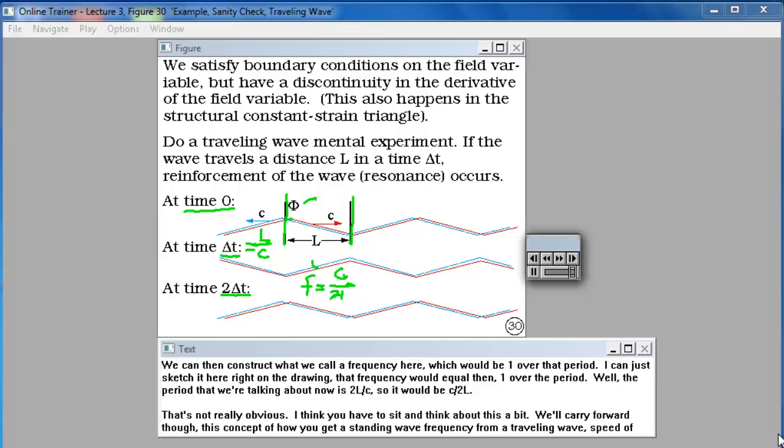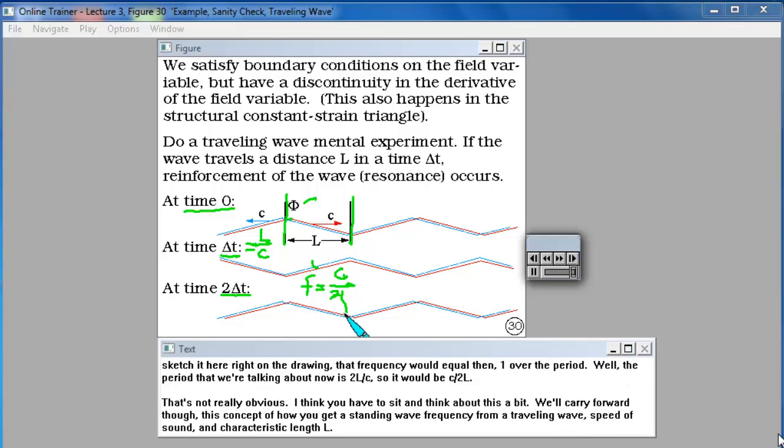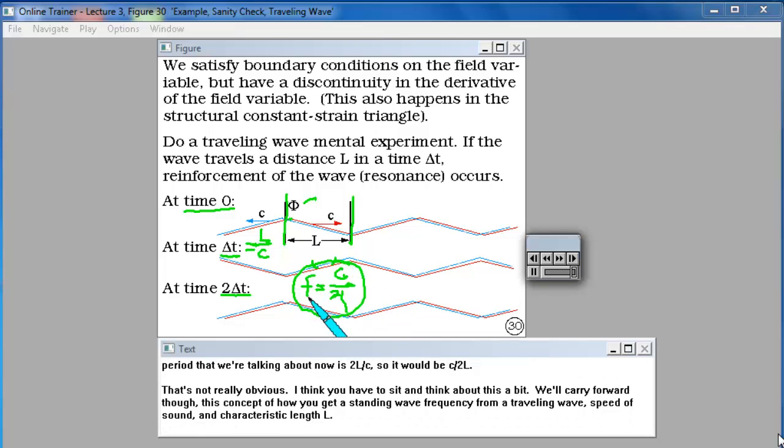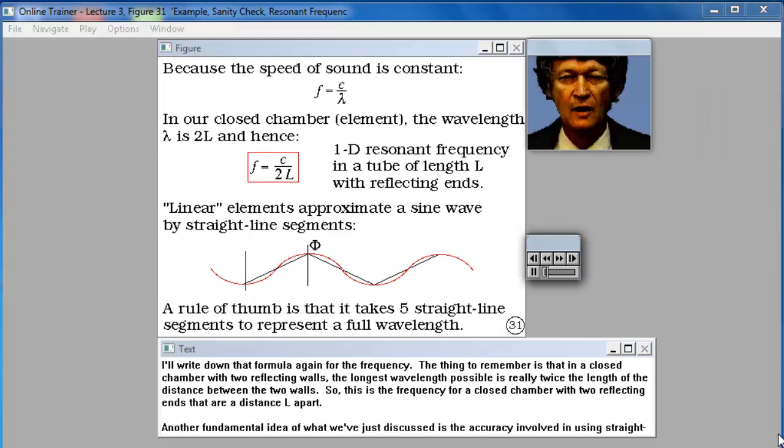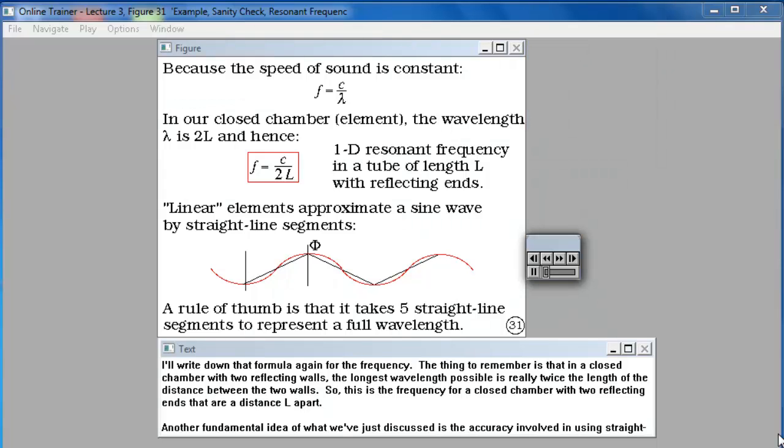And we'll carry forward this concept of how you get a standing wave frequency from a traveling wave speed of sound and characteristic distance. I'll write down that formula again for the frequency here.